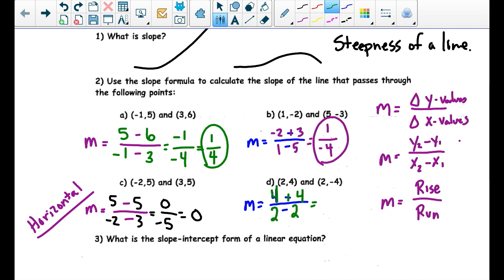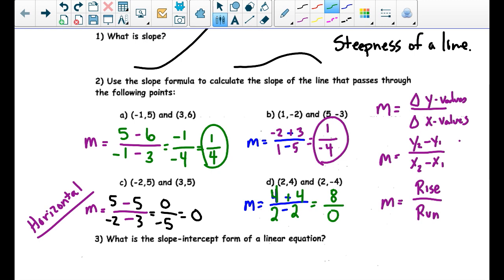So here 4 plus 4 is 8, 2 minus 2 is 0, 8 divided by 0, okay? Can you divide by 0? No. So if you plug this in your calculator, you're going to get an error message. If you plug in C in your calculator, 0 divided by negative 5, it gives you 0. That's the difference. Sometimes we get these two confused.